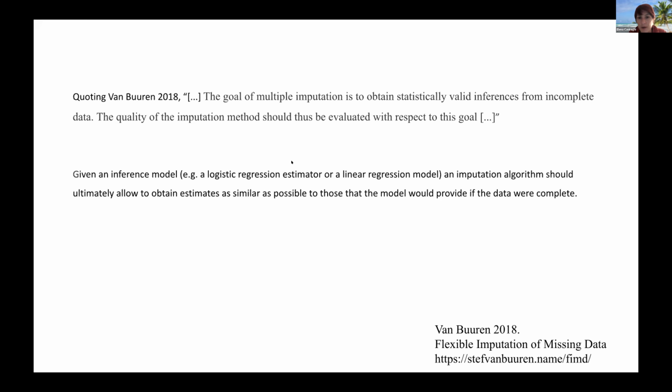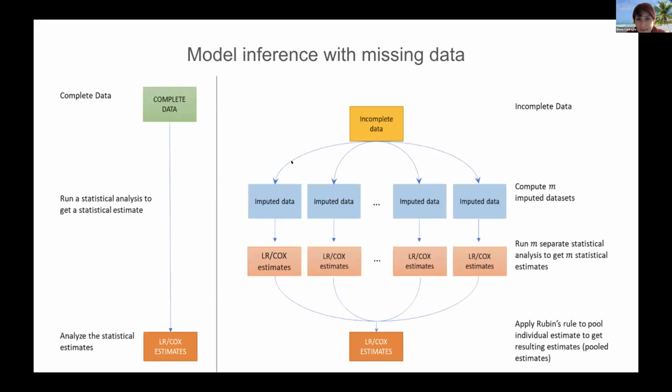So if we go to the next slide, we go back to our slide, and we would like to have a complete data set. We would like to have the same version of the data set with incomplete data, so that we can run the inference model on the complete data and get our estimates on the left.